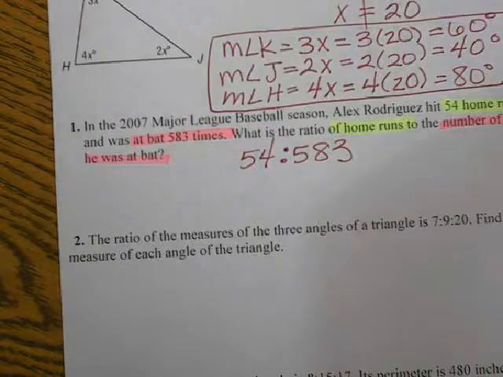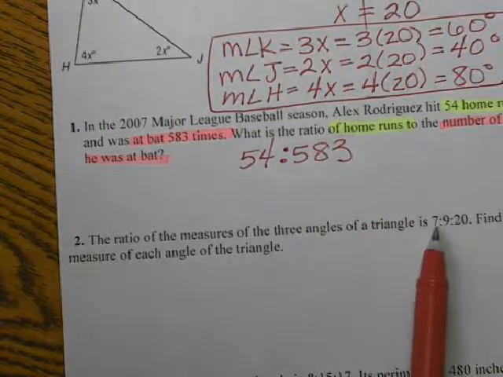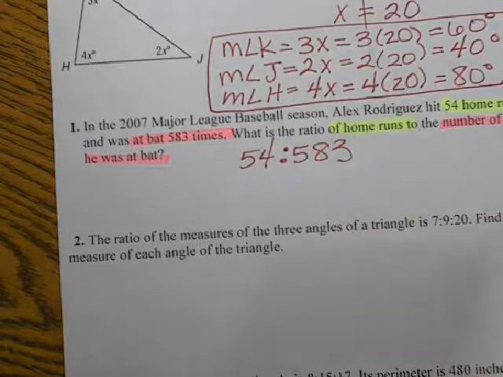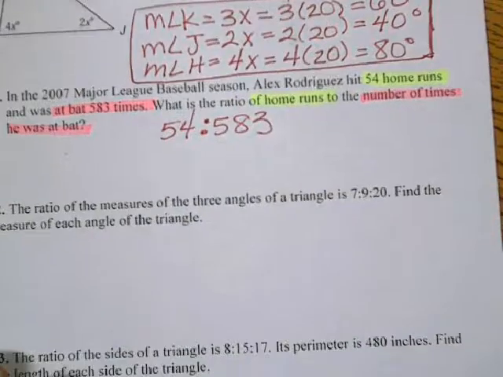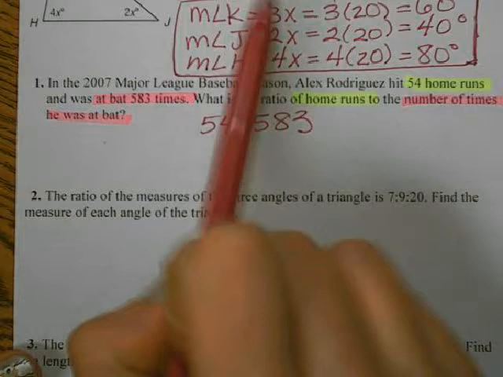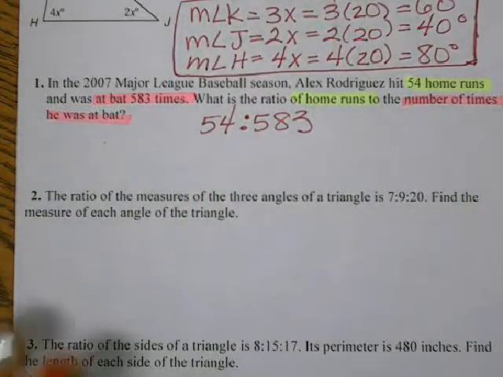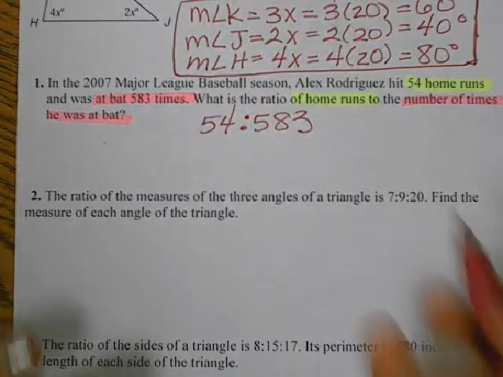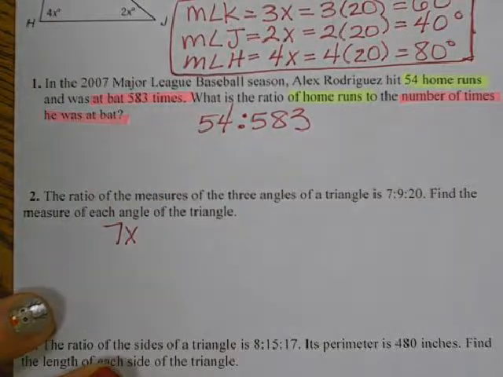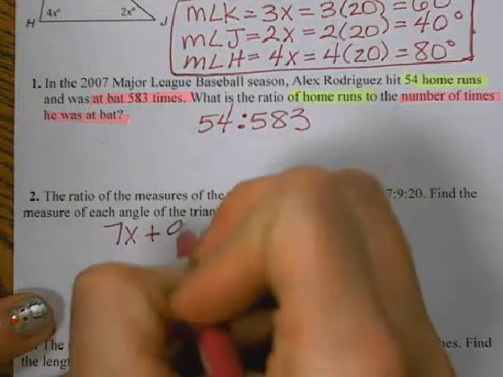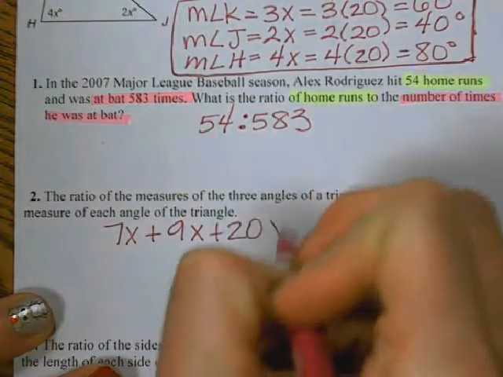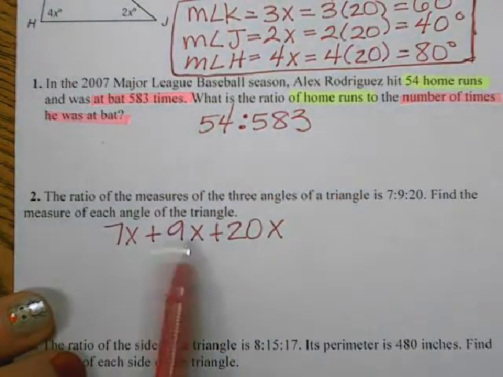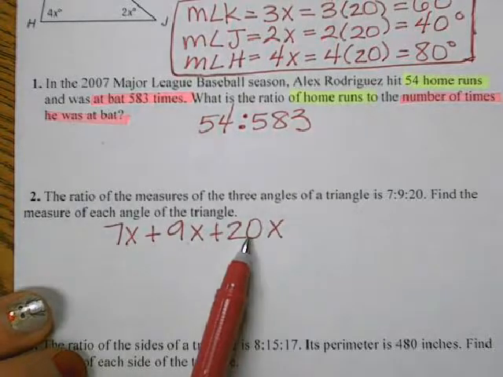Alright, number 2. The ratio of the measures of 3 angles in a triangle is 7 to 9 to 20. Find the measure of each angle in the triangle. So go ahead and solve that problem. It's just like number 2 up here. So remember, that means we have 7x plus 9x plus 20x, meaning 7 times something plus 9 times something plus 20 times the something.